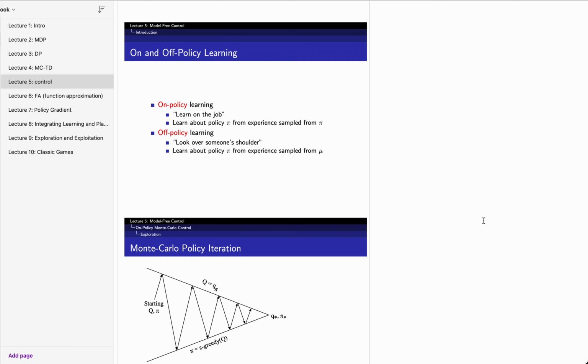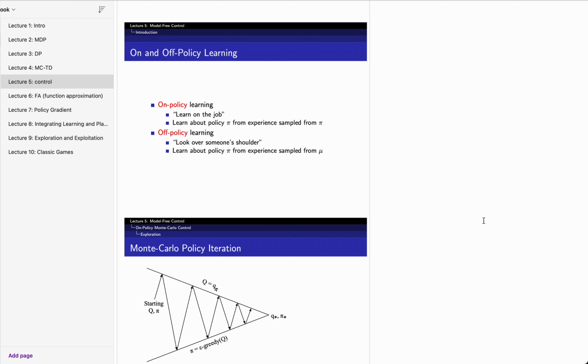Off-policy learning means looking over someone's shoulder: learn about a policy from experience sampled from another policy. So instead of practicing soccer, I am watching a soccer movie, watching soccer games on the TV. I'm just watching, observing, and then practicing, using the experience I gained from the soccer games to improve my current policy pi.